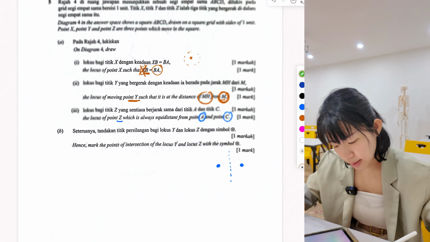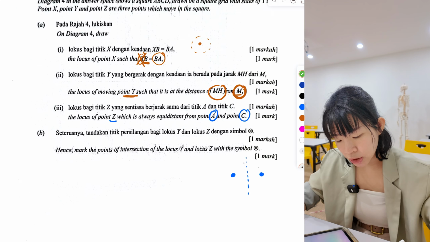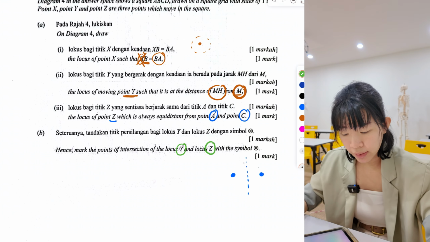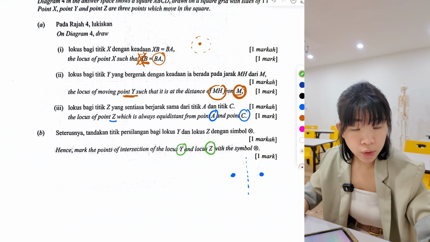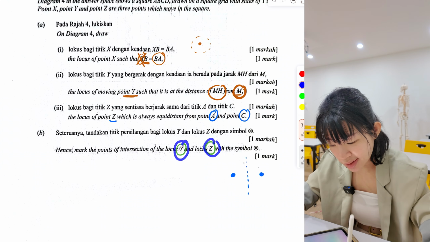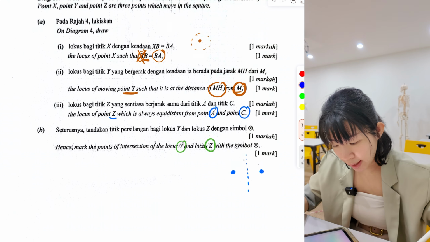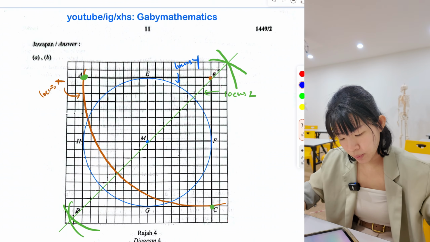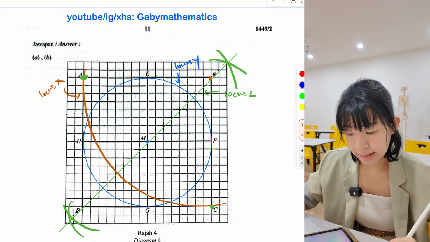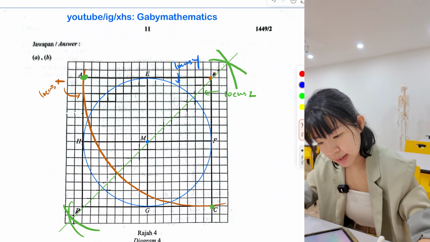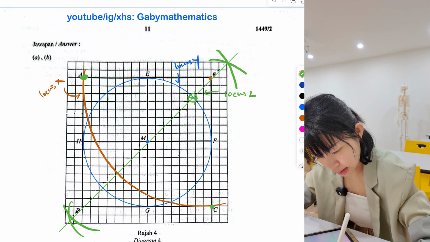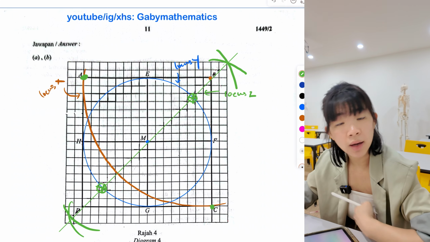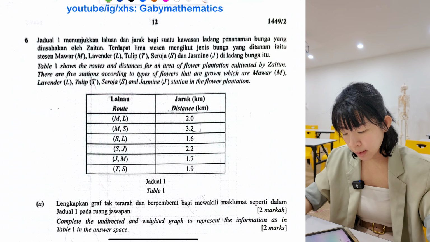At the end, they want you to mark the intersection of Y and Z. Read carefully: not all 3 loci, but only Y and Z, meaning blue and green color. So the intersection is here and here. Done. Let's look at question 6.